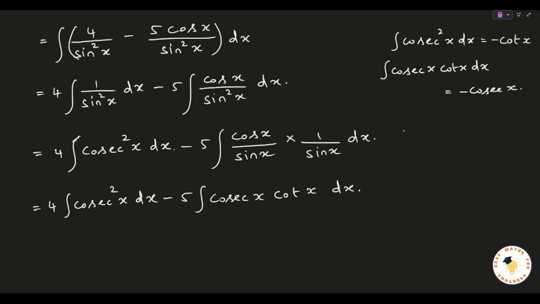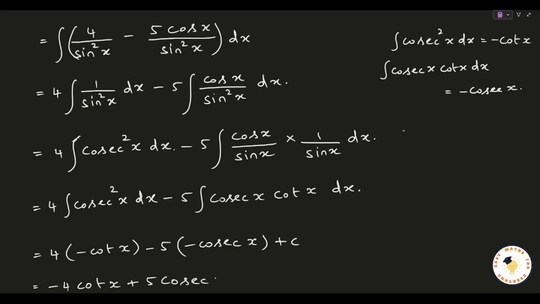So using these values, we get 4 into integral cosecant square gives you minus cot x, minus 5 into integral cosecant x cot x dx will give you minus cosecant x plus c. Further reducing, this will give you minus 4 cot x, minus into minus becomes plus 5 cosecant x plus c.